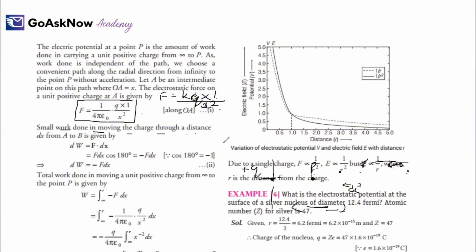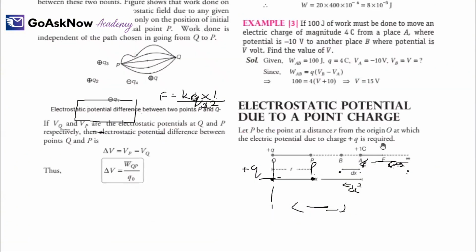You can see here also: if you move the charge from here to here, you are doing the work against this force. The electrostatic force is in this direction only, and you are doing the work against this force.